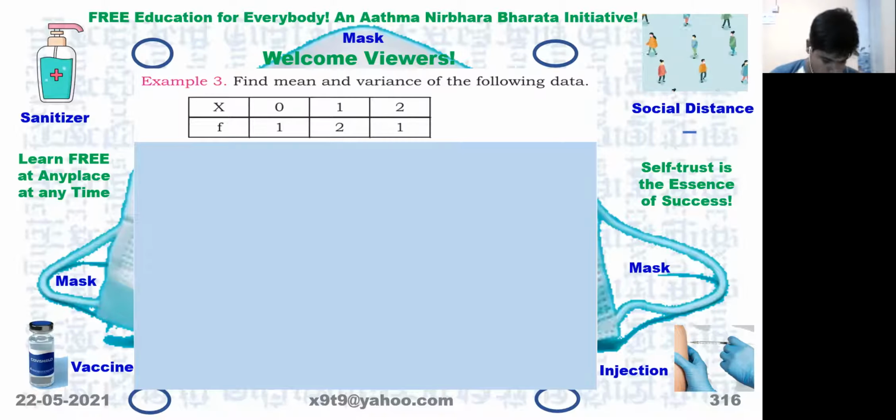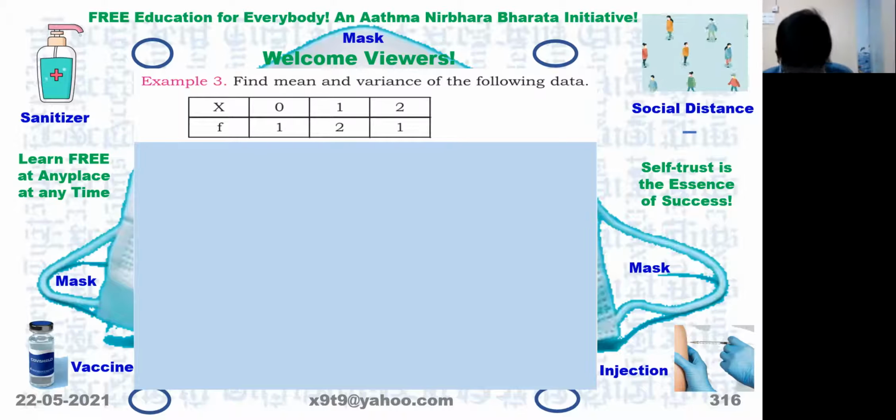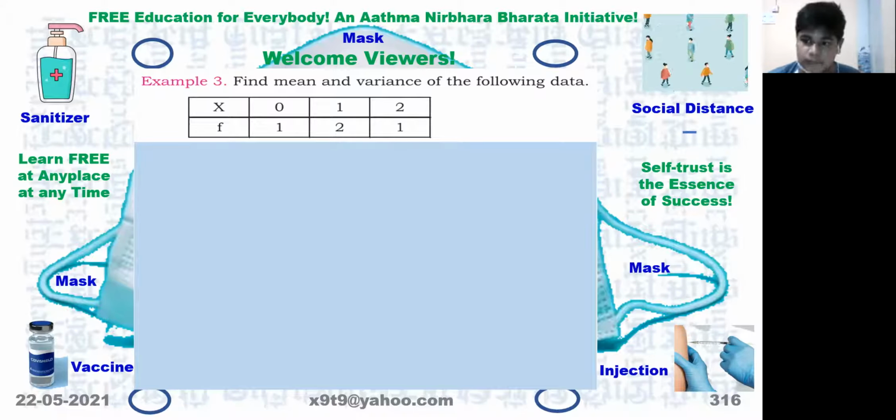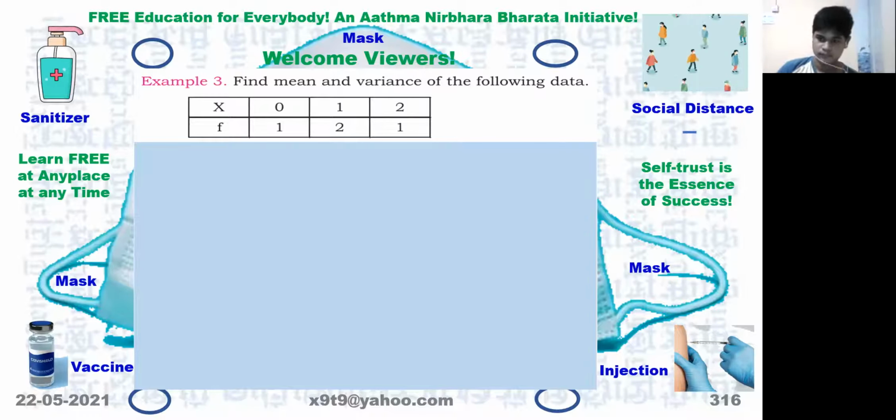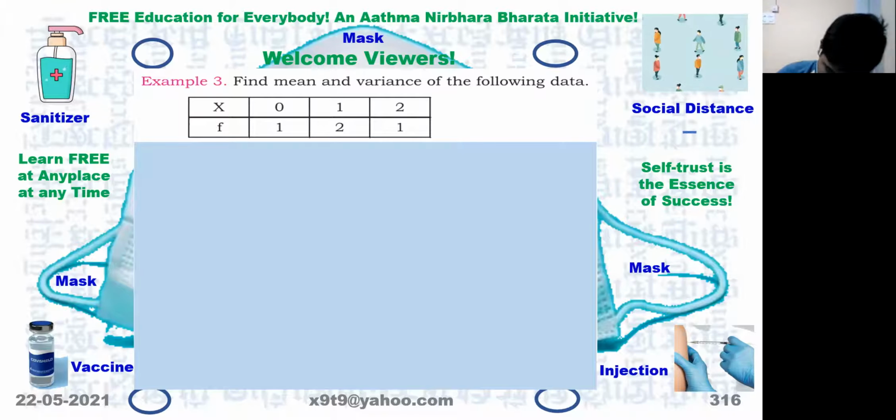Then when you take the square root, it will become 0.7. That is what? Standard deviation. See, before taking the square root, it is variance. Once you take the square root, it becomes standard deviation. So how much did you get for sigma fx?